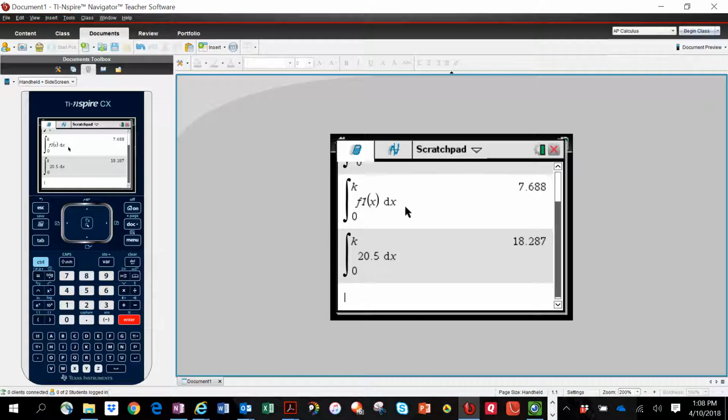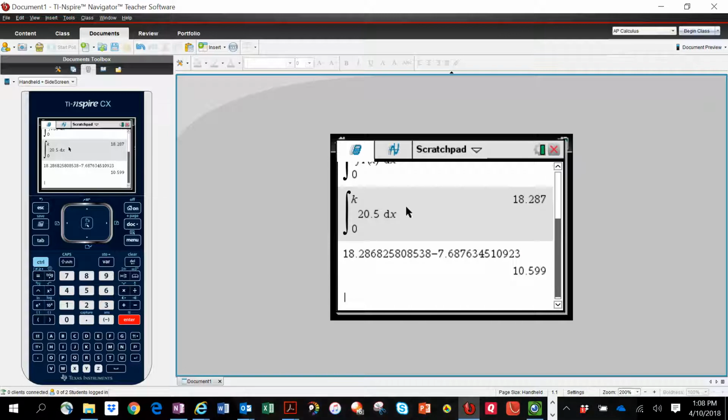And so if I want to know the difference in the tanks at time t equals k, all I'm going to have to do is subtract. We can arrow up and say this value here minus that value there, and we're going to get 10.599 liters.